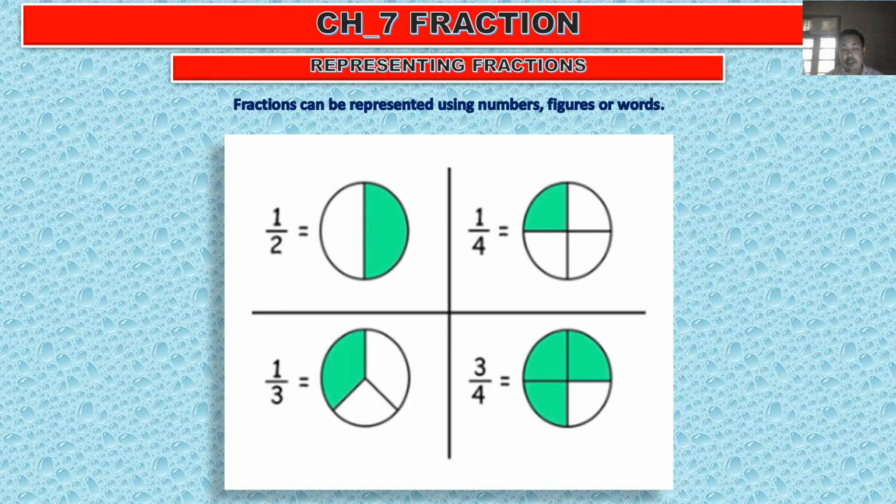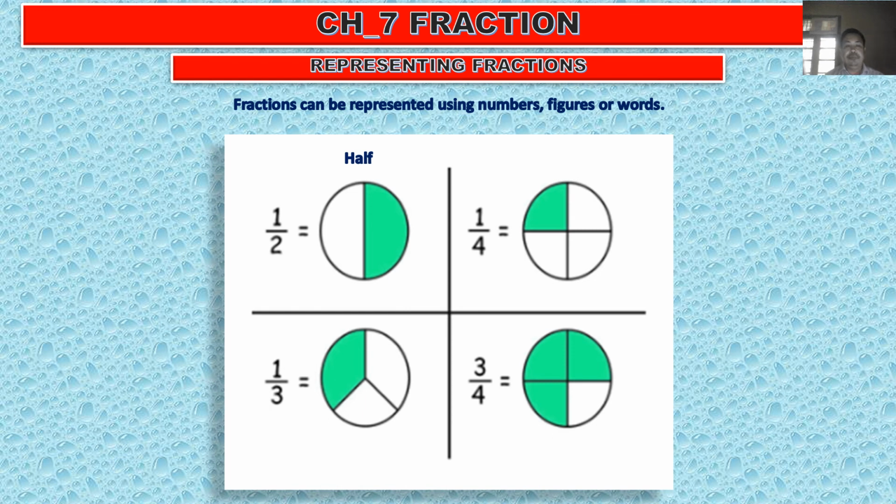The portion represents 1 by 2, and 1 by 2 is the number that we have, and the colorful part is the figure. And in words, we can represent it as half, meaning half of the circle, or half of the thing we have.